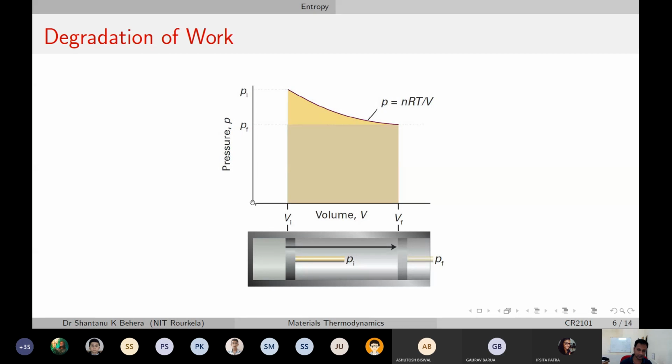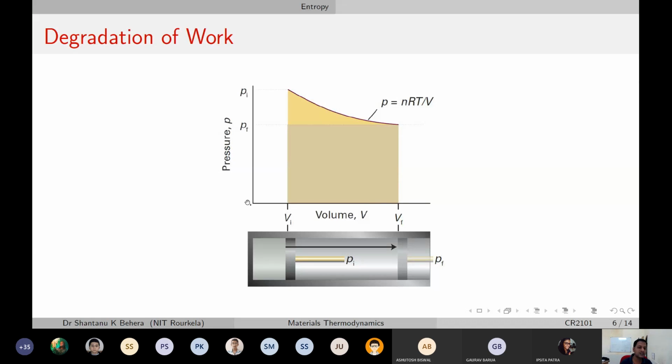Pressure is zero. That means what is the available work then? Only a straight line. And a straight line means area is zero. That means if you expand the whole thing into vacuum, there is no work done. That is the worst sort of reversible process. It's a completely irreversible process. All right.